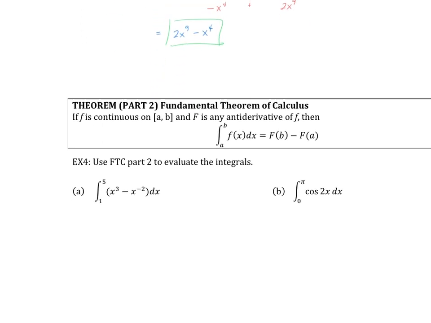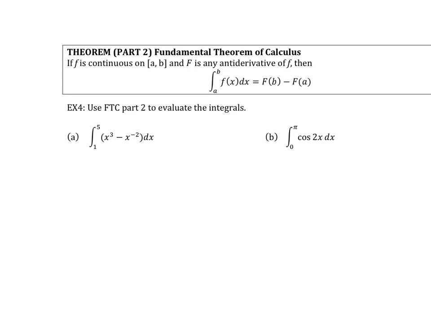And now we're building up to our goal. So this is the goal for this section. This is what's going to make life really easy when we're evaluating these definite integrals. This is the fundamental theorem of calculus, part 2. We usually just call it the fundamental theorem of calculus.